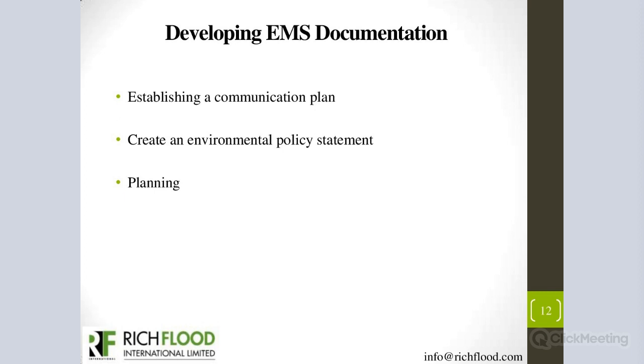Soon we're going to talk about what the environmental aspects of your company are all about. Then you need to identify the legal and other requirements, establish objectives and targets, and also develop an environmental management program.